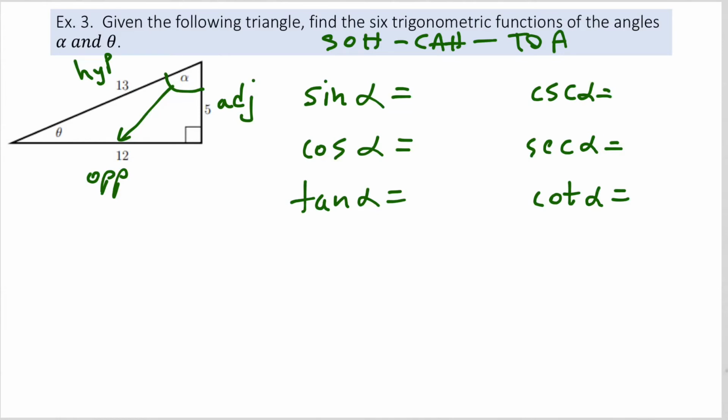Right? So let's do sine first. So sine is opposite over hypotenuse. That would be 12 over 13. Cosine is adjacent over hypotenuse. So that would be 5 over 13.